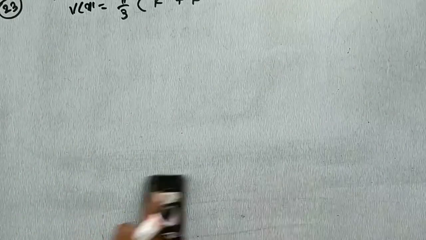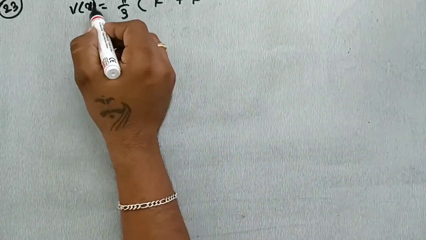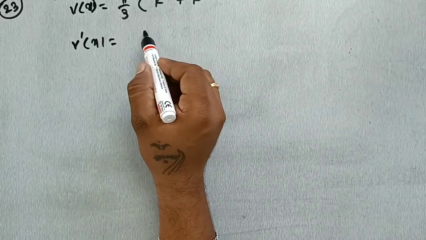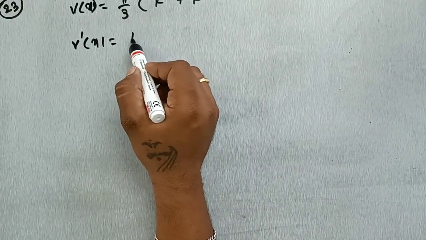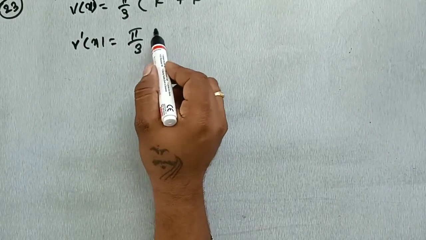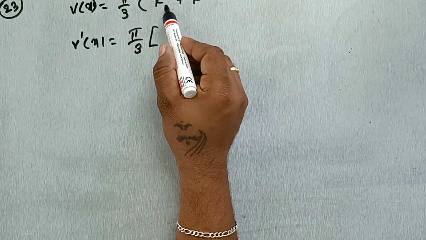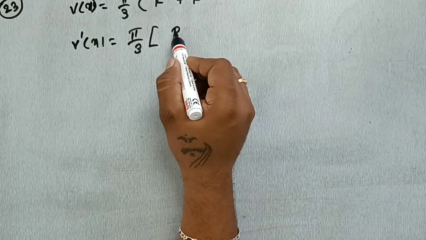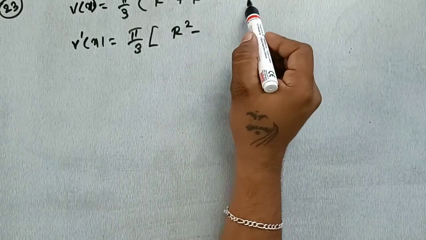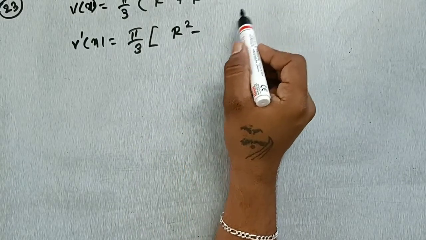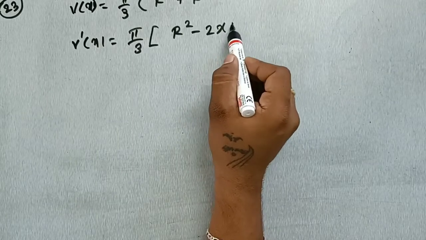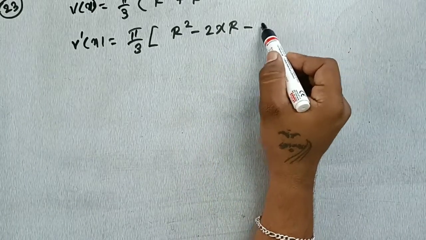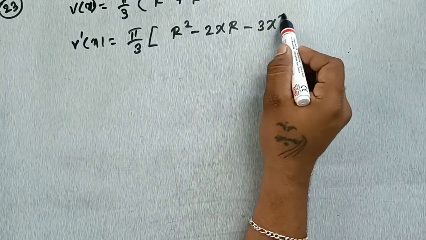Next we will differentiate this with respect to x. So V dash of x equals pi by 3 into: differentiation of capital R cube is 0, differentiation of capital R square x is capital R square, minus differentiation of x square R is 2xR, minus differentiation of x cube is 3x square.